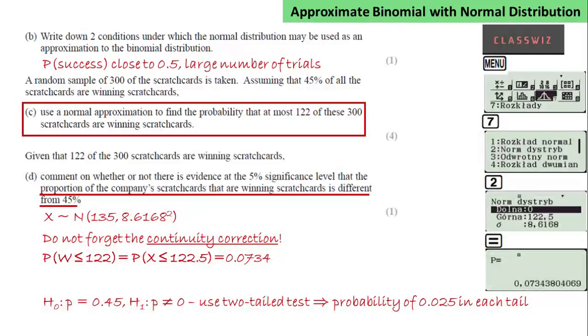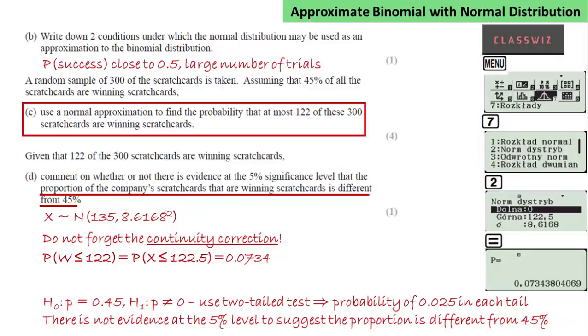The alternative hypothesis is p not equal to 0.45. We have to use a two-tailed test, and so here the probability of 0.025 in each tail, and so here it exceeds that. So there's not sufficient evidence at the 5% level to suggest the proportion is different from 45%.